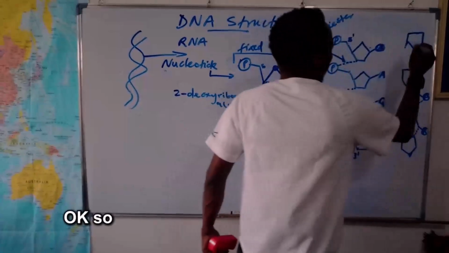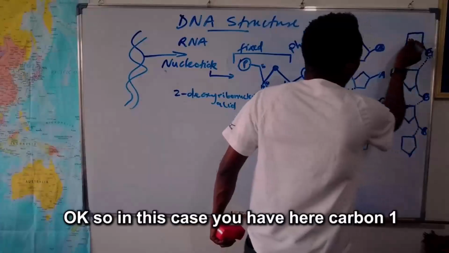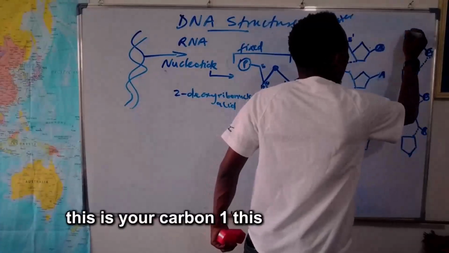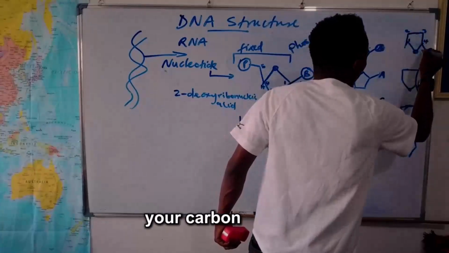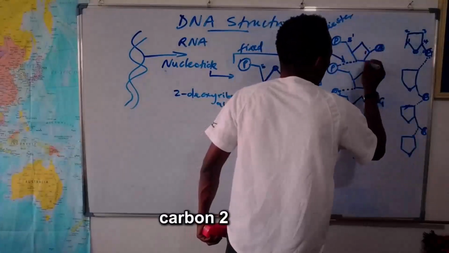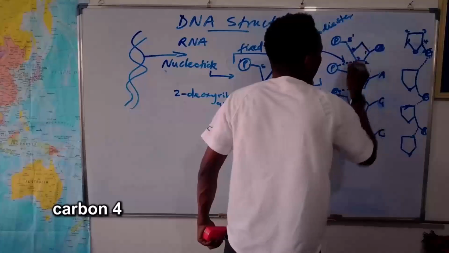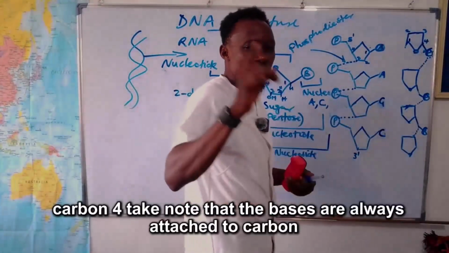Okay, so in this case, you have here carbon 1, carbon 2, carbon 3, carbon 4, carbon 5. Whereas here you have carbon 1, carbon 2, carbon 3, carbon 4. Take note that the bases are always attached to carbon 1.